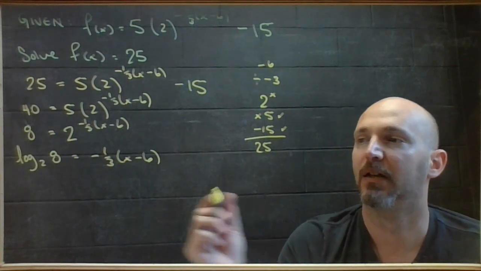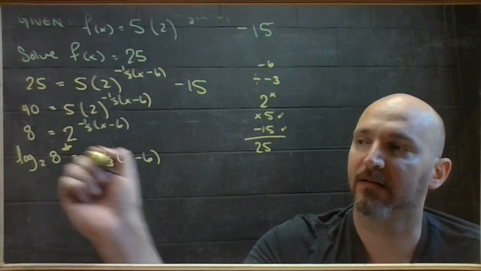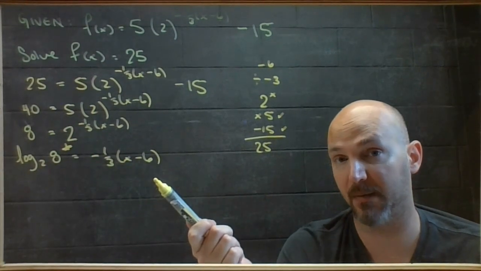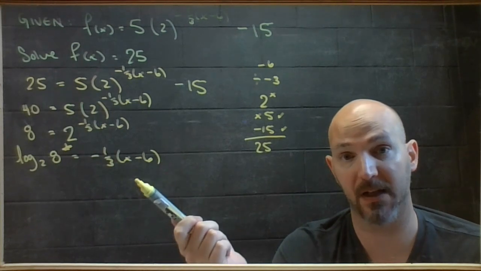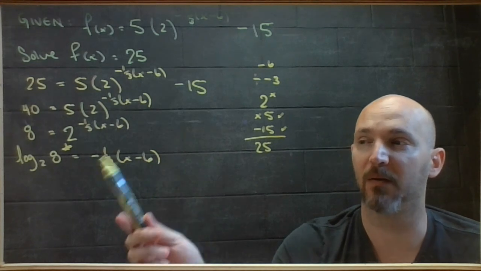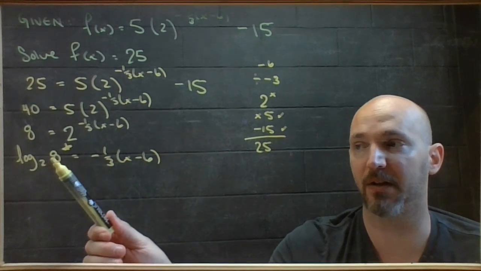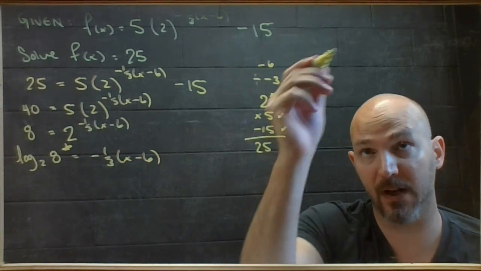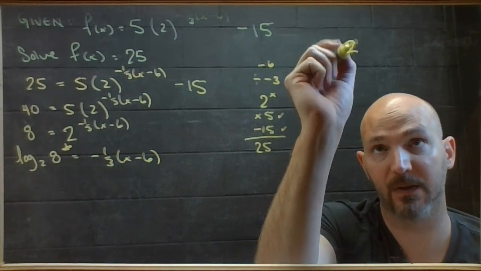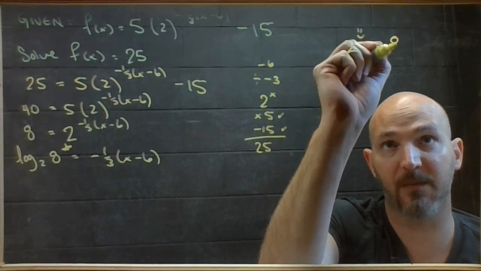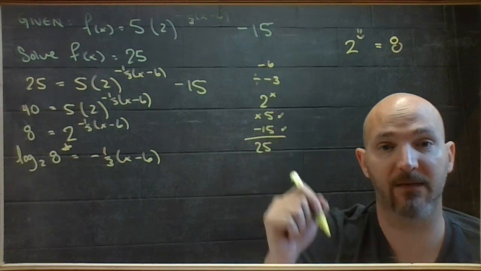Now this here, if you have a log base 2 button, you can just use log base 2 of 8 and it will spit out an answer for you. If not, you're going to have to think about what exponent would you put on a 2 to get an 8. So let me rephrase that. If I had a 2 and I put an exponent on it and it gave me 8, what does this thing have to be?